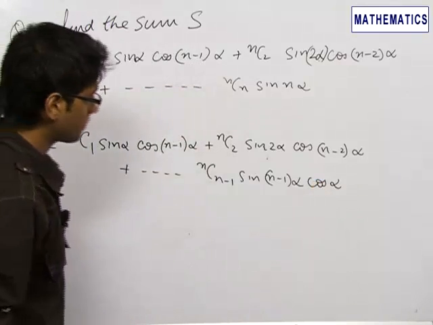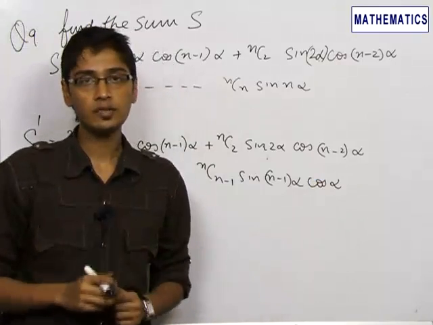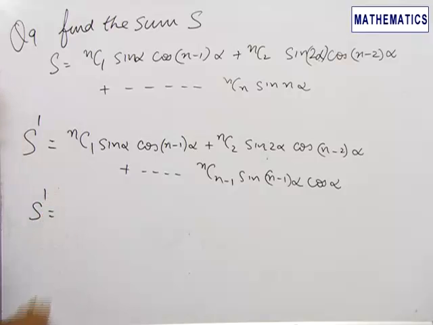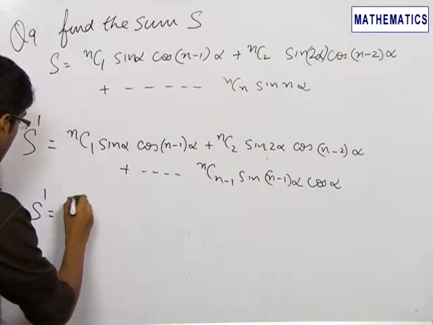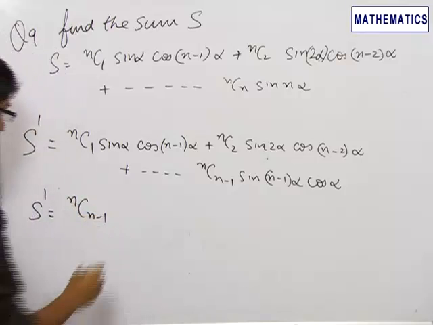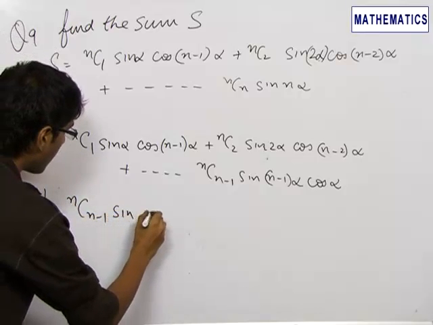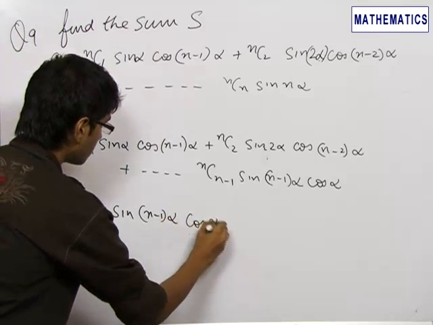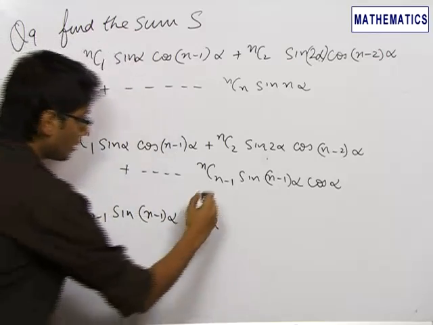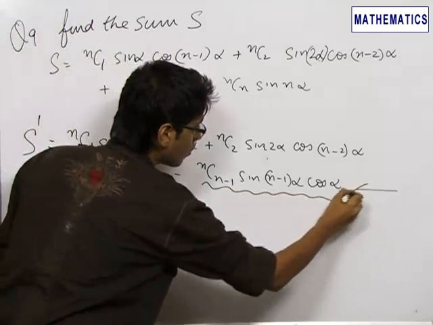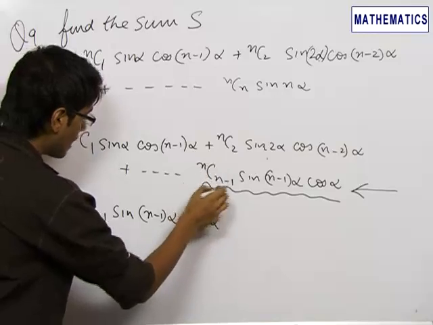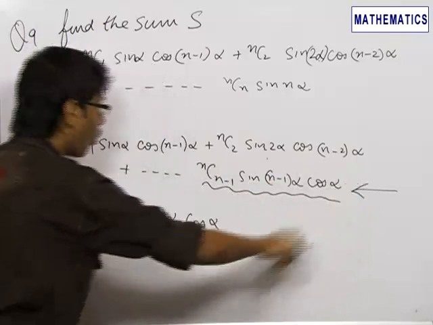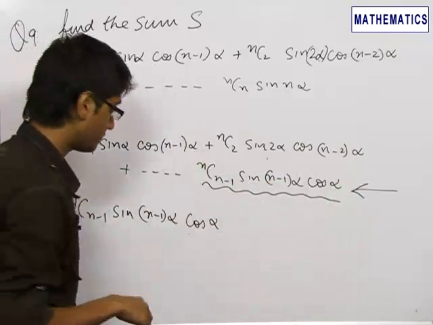Now what we do is, we write this whole expression in the reversed form. What we are doing is, we are looking at the terms in the reversed order. Here we have NCn minus 1 sin n minus 1 alpha cos alpha, and we are writing this whole expression in the reverse format.